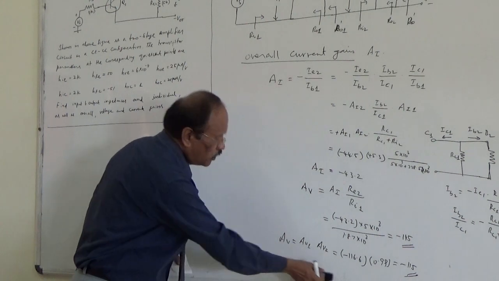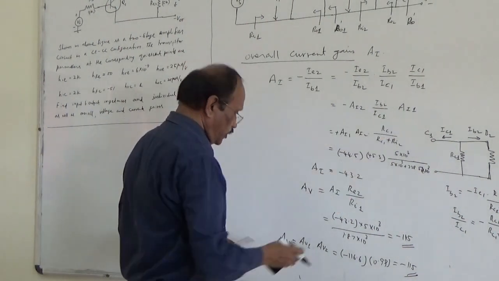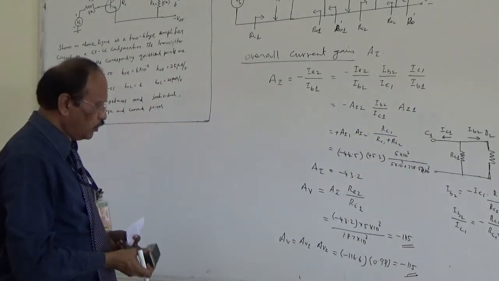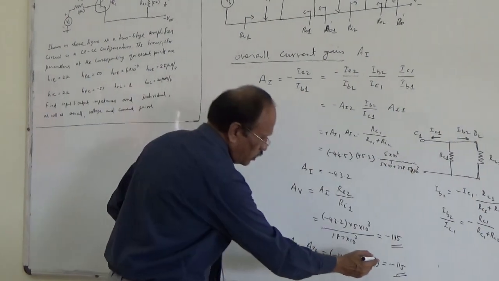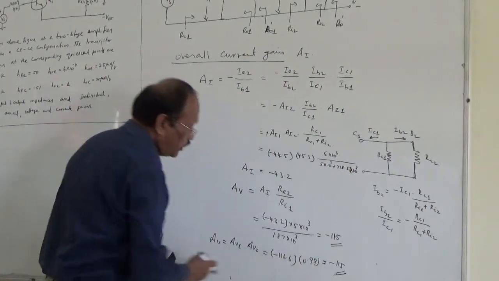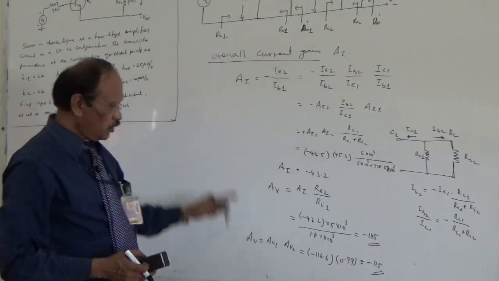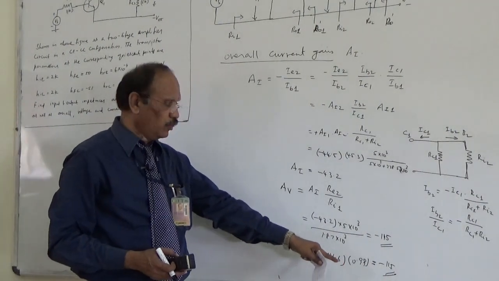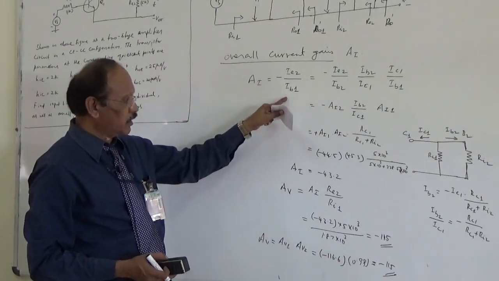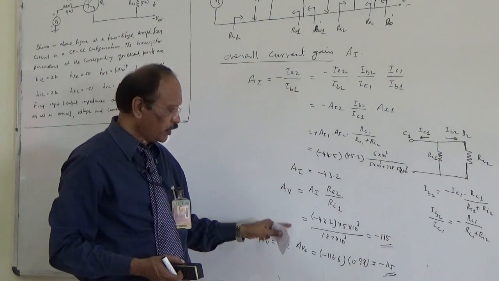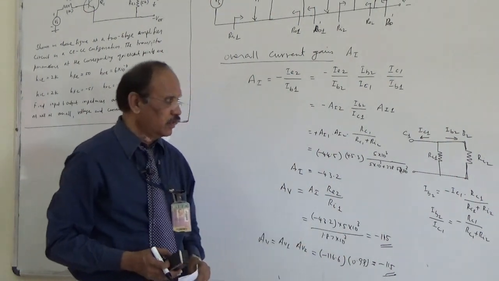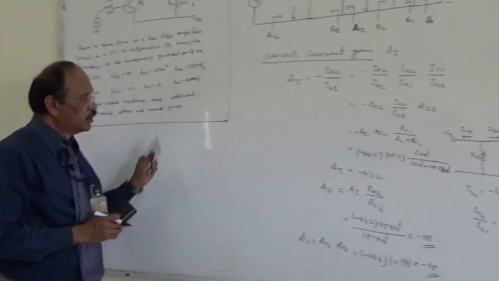That involves this resistor combination. So voltage gain we can determine either this way: you can determine the individual voltage gain of each stage, multiply them together, and you will get the value. Or if you find the overall current gain, then by using this formula you can determine the overall voltage gain this way. So with this we have completed this problem.